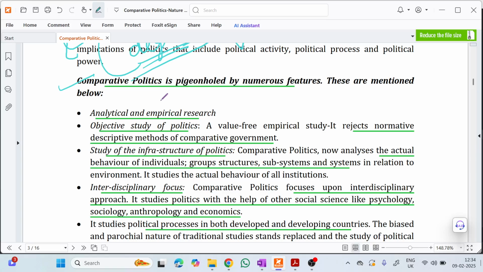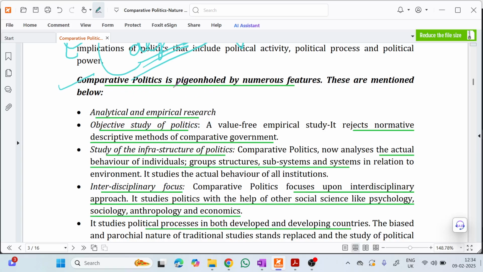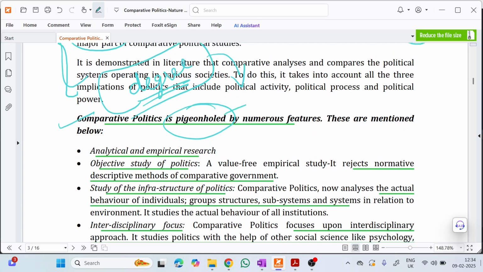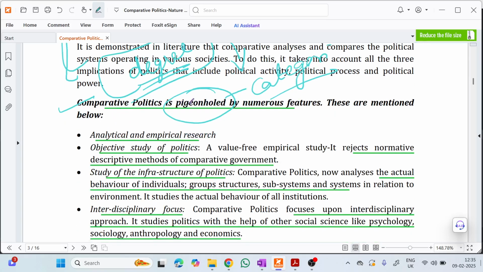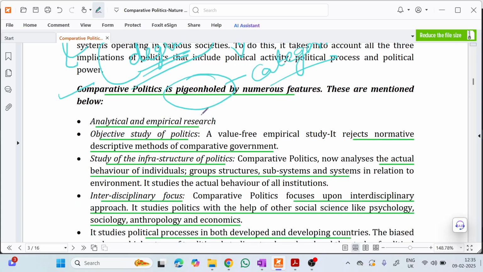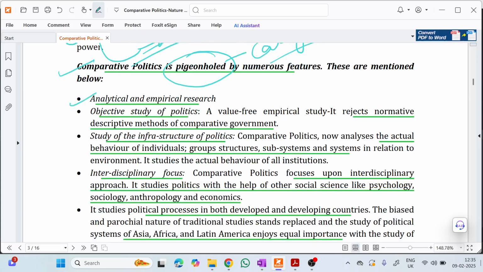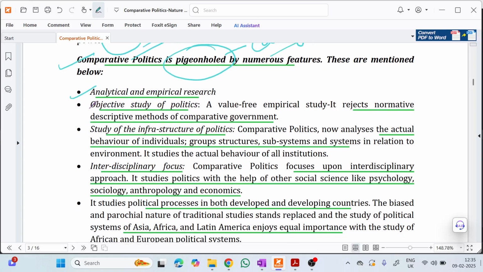Now, next paragraph: comparative politics is pigeonholed by numerous features. Pigeonhole is synonymous with categorization. So in another way, comparative politics is categorized by numerous features. The first one is that it is analytical and empirical research.